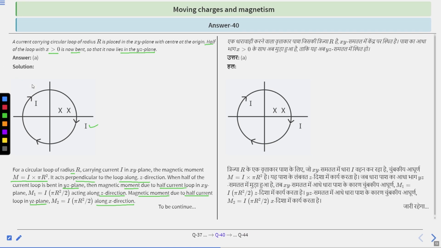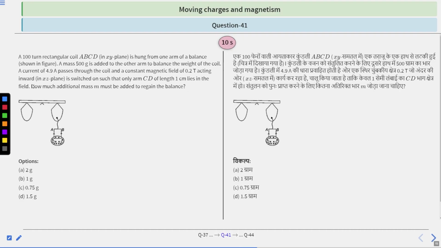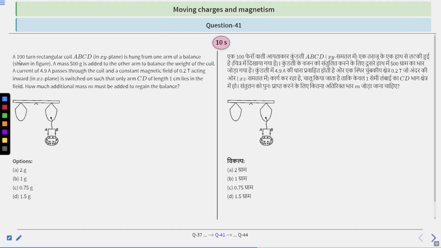Next, question 41. The question is, a 100-turn rectangular coil ABCD in the XY plane is hung from one arm of a balance as shown in the figure. A mass of 500 gram is added to the other arm to balance the weight of the coil.